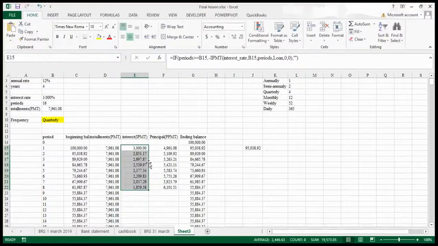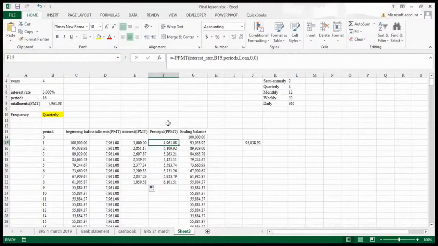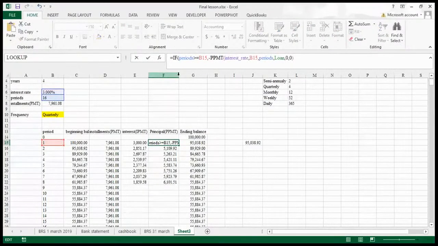That's what we have. Come here again, immediately after equal sign, Control V, comma, quotation, close your bracket.